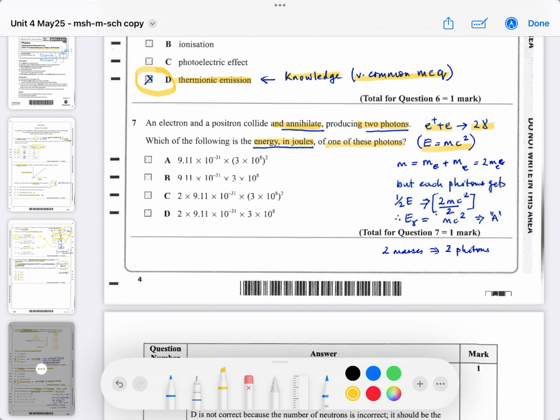If 2 electron masses, so the mass total is 2 masses of electrons going into the E equals mc squared equation, then half the energy would be 2 mc squared over 2. So each photon will just receive mc squared. Okay, so the answer should be A.